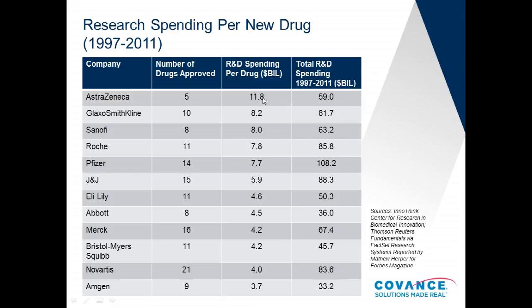So any individual drug may not cost that amount of money, and there's a number of ways in which this can be calculated. But I think what this really helps us understand is that there's an enormous amount of money being spent on the development of medicines by many of the global pharmaceutical companies in the world. And the complexity of developing these drugs is getting harder and harder.